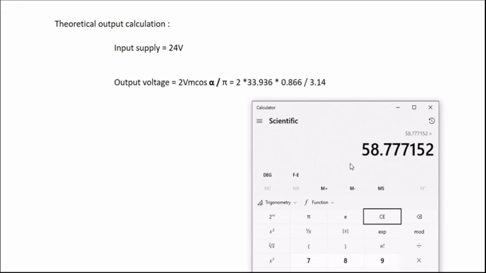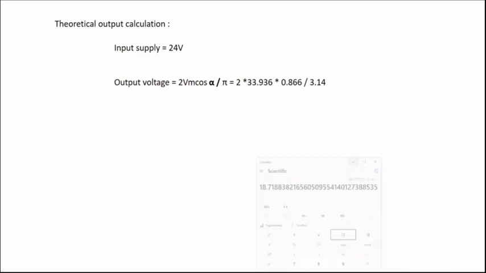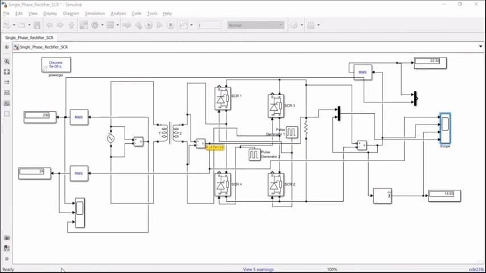This needs to be divided by pi, that is 3.14. We are getting 18.7 volts. So the theoretical value and the simulated values are matching. That's all as far as simulation of a single phase fully controlled converter is concerned. Thanks for watching.